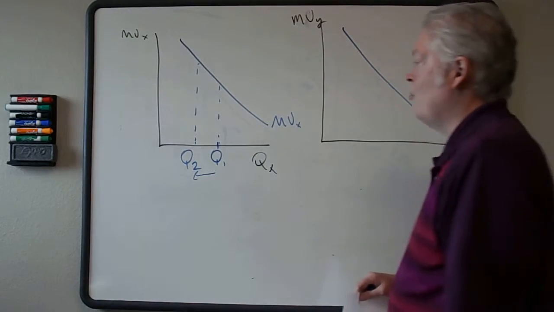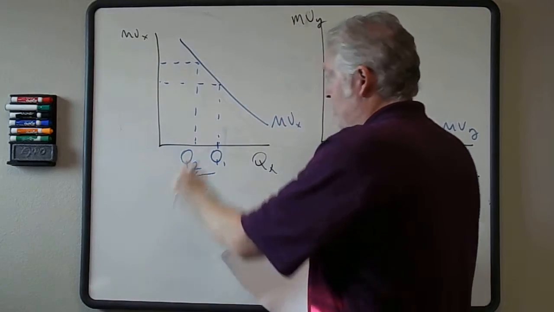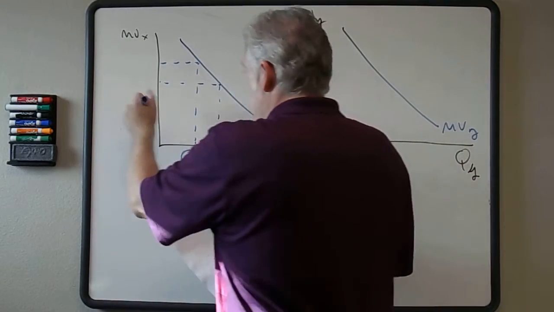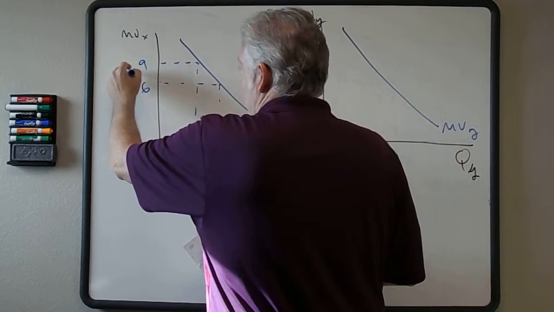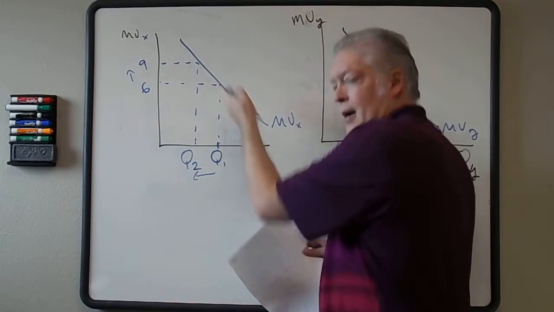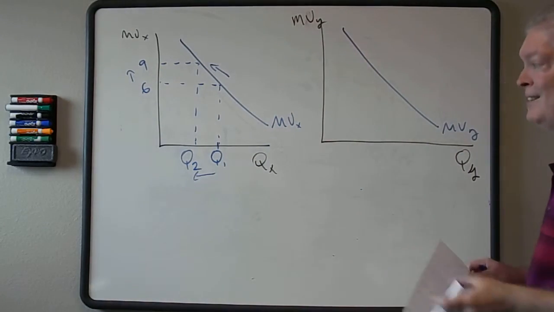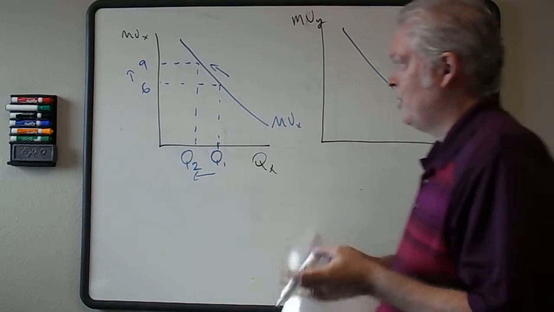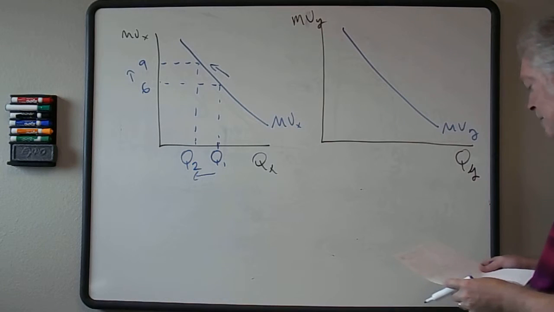So there's going to be less quantity, and we initially started at the original point, Q1, where we had 6 units of marginal utility, and now let's say that we've got 9 units. So marginal utility is actually rising because we're consuming less of this. We're moving up the marginal utility curve simply because we're consuming less of it. It's now more scarce in the eyes of the demand side, so we're sliding up along that.